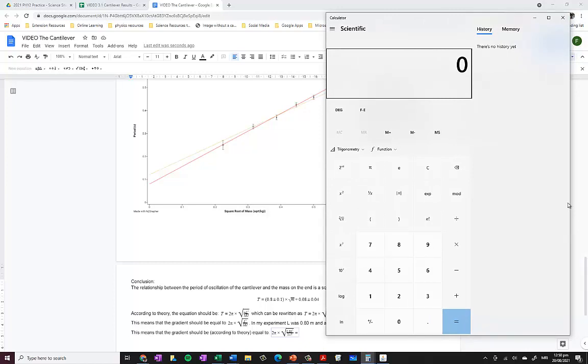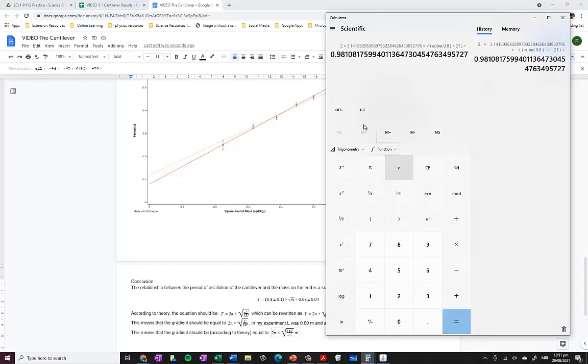So this should be 2 times pi times, and then I need to bracket here, 0.8, and then I want to cube this, and then divide by 21. And then I want to square root everything in that bracket, and that gives me a final answer of 0.981.